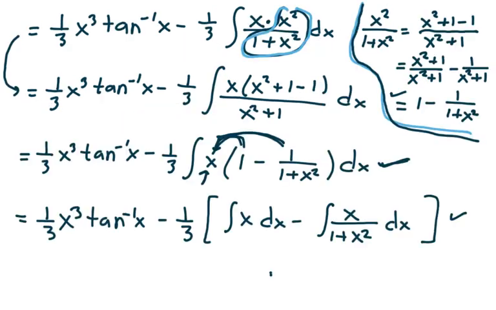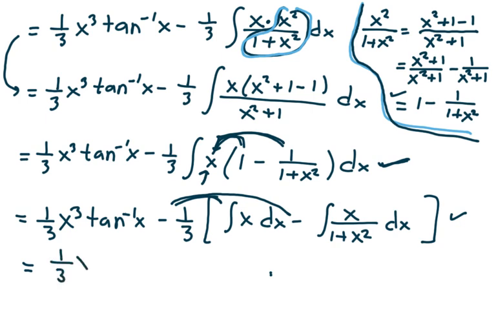So again, I want you to notice I distribute the negative 1/3 inside to each integral. And remember, a negative times a negative is a positive. And so if you need that extra step, that's fine.